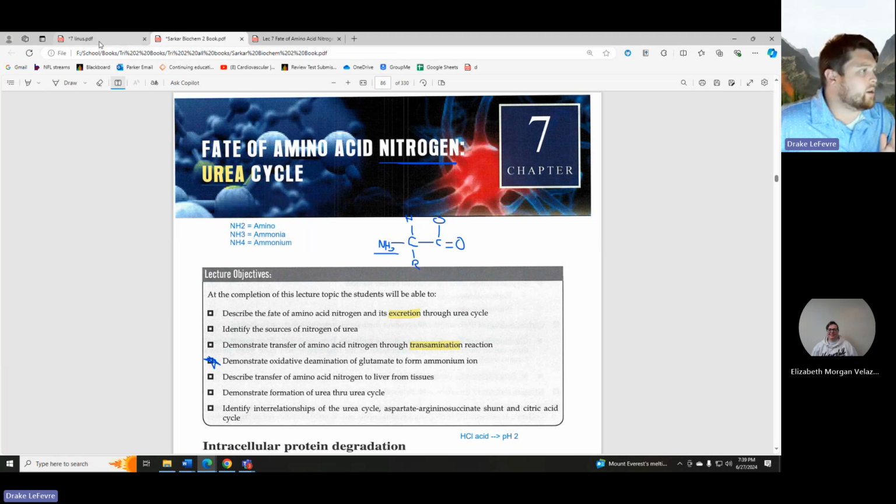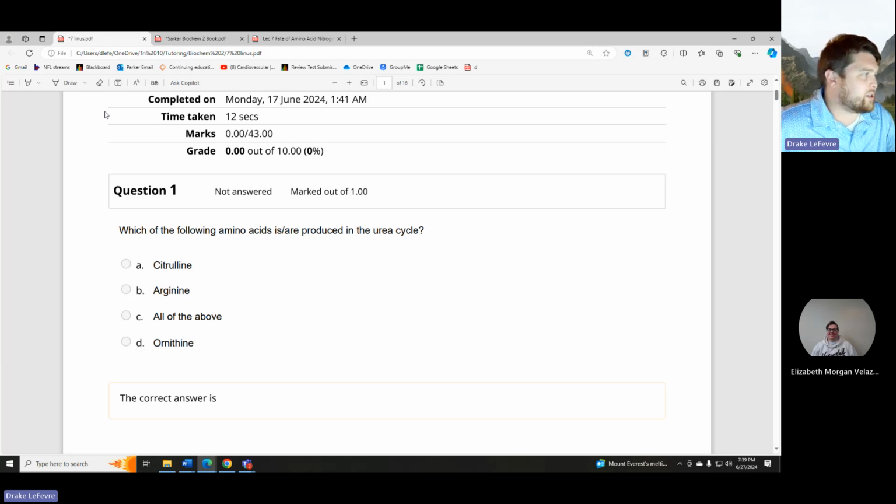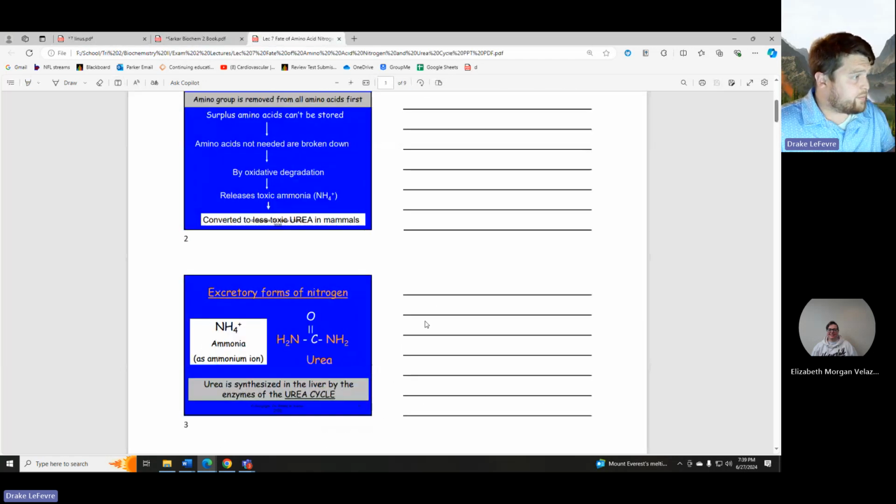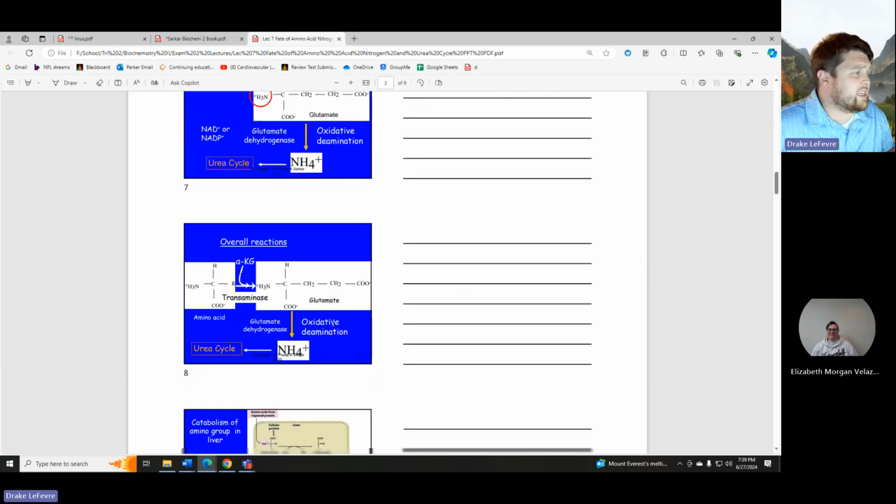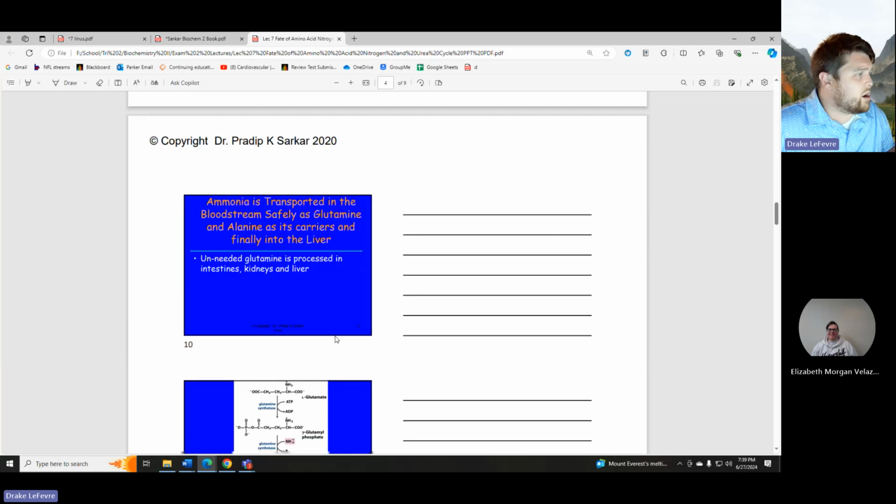Our first question: which of the following amino acids is/are produced in the urea cycle? So we look specifically at the urea cycle. Some major components that we're going to be looking at are the liver, the kidneys, the muscles, all those kinds of places.